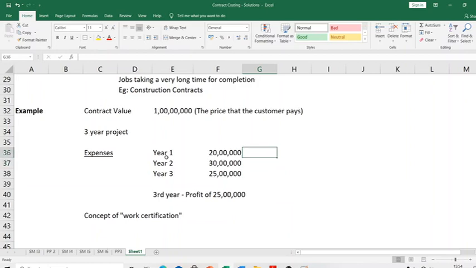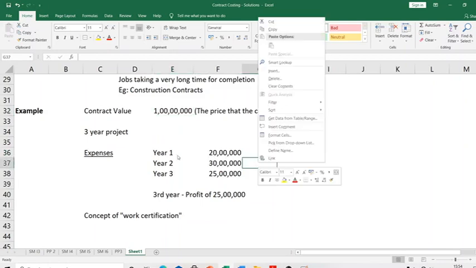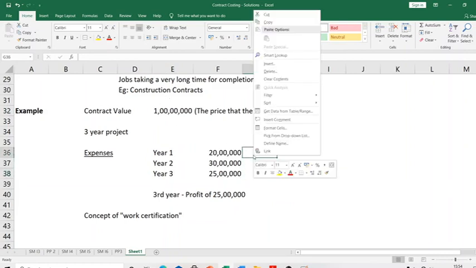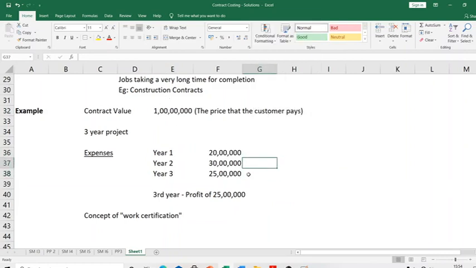So when work was done in the proportion of 30, 40 and 30 percentages respectively, why should I split revenue equally across all 3 years? Let me split revenue on the basis of the work done. First year I'll recognize 30% of 1 crore. Second year I'll recognize 40% of 1 crore. Third year I'll recognize 30% of 1 crore. So 30 lakhs, 40 lakhs and then 30 lakhs.